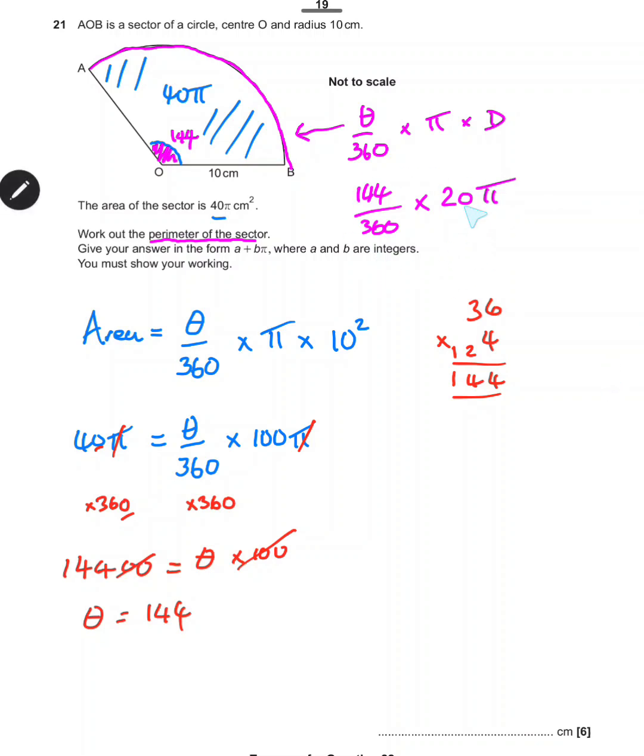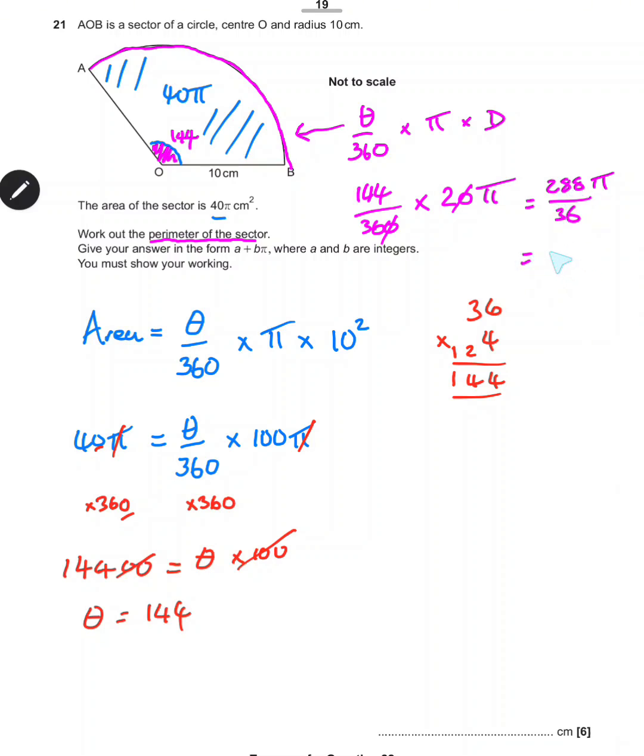I can start to simplify this. I can divide both sides, top and bottom, by 10, and that will kill that down. I can do 2 times 144, which is 288. So what you end up with is 288 pi over 36. And I can actually simplify this fraction. So let's just make that as nice as we can.